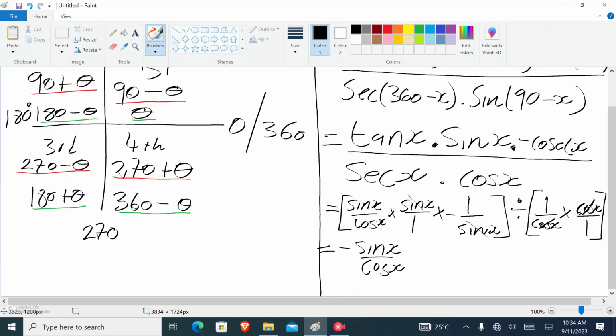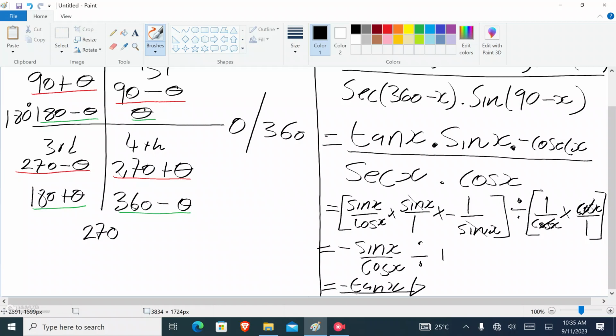On the other bracket, cos divided by cos gives you 1. So everything there is going to be 1 divided by 1. Do we have a negative sign? No, we do not have a negative sign. So this is going to be 1. Meaning your final answer is going to be minus tan x.